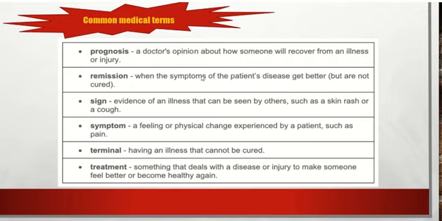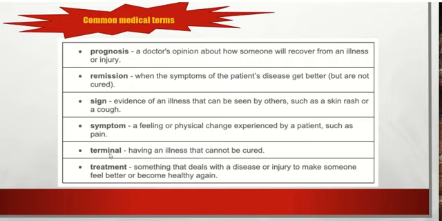Remission, when the symptoms of the patient get better but are not cured. Sign, the things you see, like a skin rash or a cough. Symptoms, something I feel, a feeling or physical change experienced by a patient such as pain.